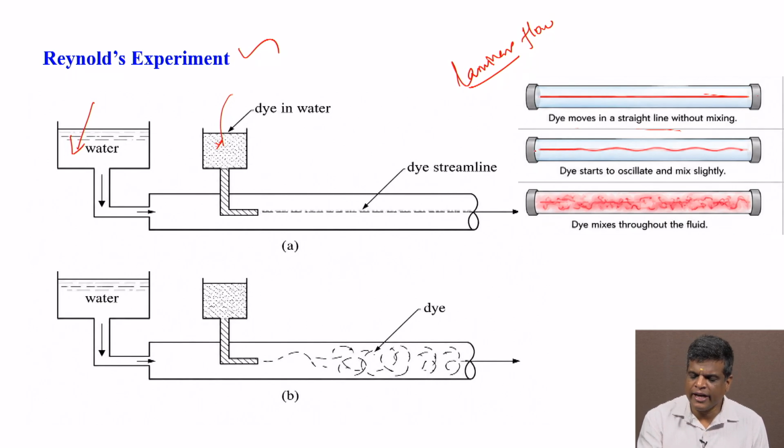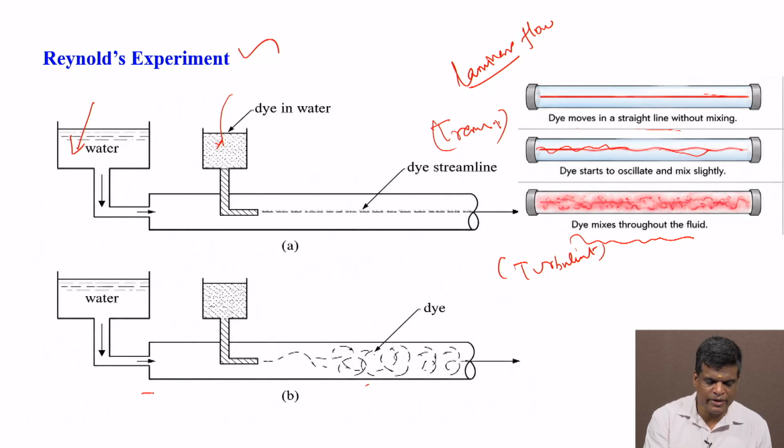Then suddenly the dye starts to oscillate a little bit, mixing slightly; that type of flow we call transitional flow, what we discussed here. Then you increase the velocity, so the dye mixes throughout the liquid, and that we call turbulent flow, what we discussed just now.